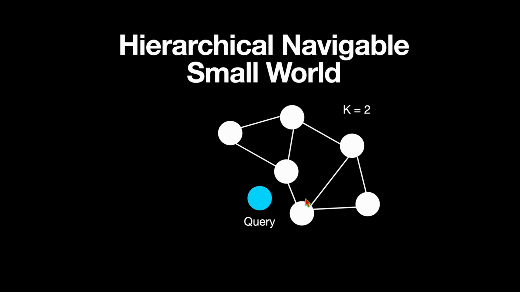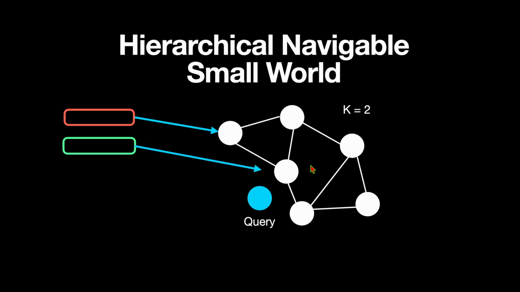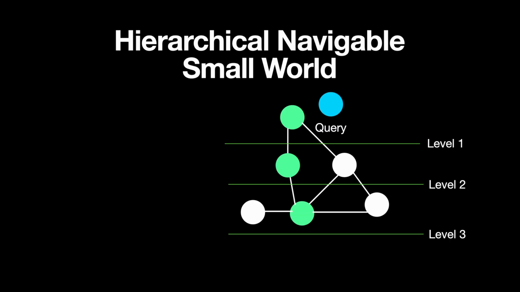This way, we slowly grow the graph until we have covered all of the vectors in the database. Once we have built this graph, we are ready to handle any query that we get as input. This is just to illustrate that each of the nodes is a vector. So that was navigable small world. With that understanding, we can look into hierarchical navigable small world.